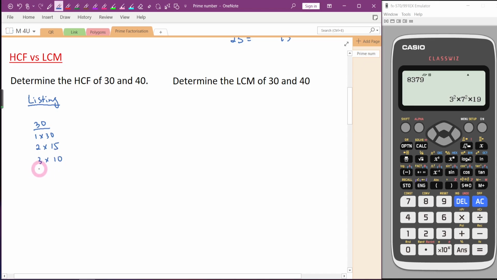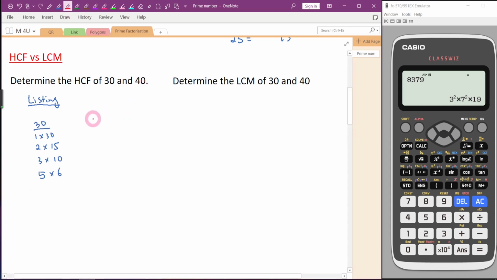Okay, so 4 cannot, 5 can. 5 times 6. Okay, the next will be 6 times 5. Whenever you see a repeated pair, 5 times 6 and 6 times 5 is the same thing, so you don't have to continue thinking again. So that's all the factors of 30.